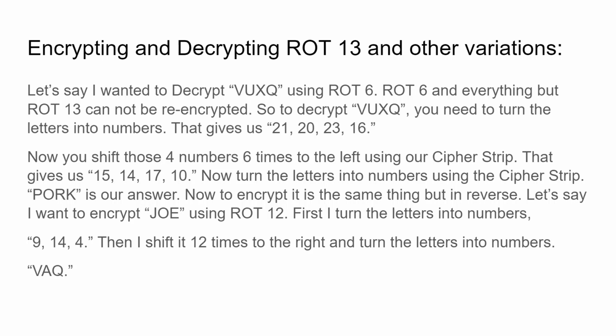So what I did was 9 plus 12, 14 plus 12, and 4 plus 12. And that gave us VAQ. But 14 plus 12 is more than 26, so we had to use modular arithmetic to put it back so it can reach 0. And that's why it's A.